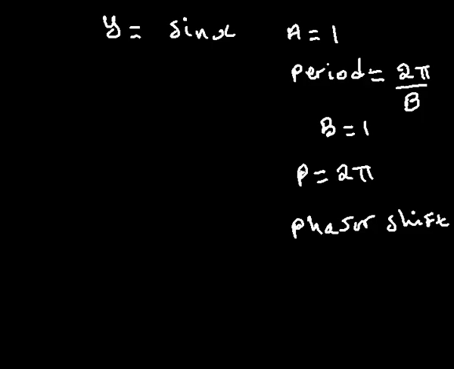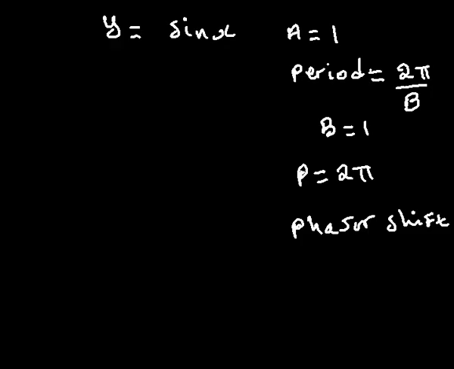How should you displace the graph along the x-axis? Or in other words, where the graph should start from along the x-axis, that corresponds to the phase shift. So keep that in mind.